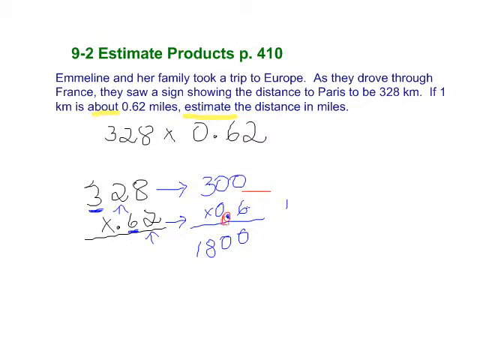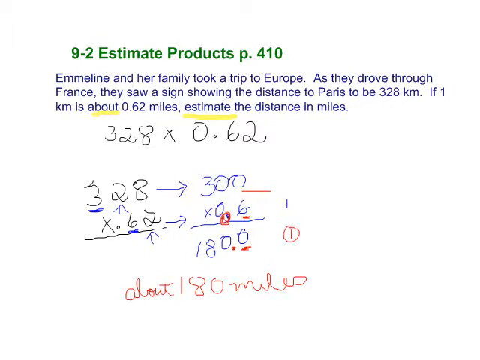However, down here I see the decimal point, and I see that there's 1 space after it. And that's what I'm going to have in my answer as well. I'm going to have 1 place after the decimal point. So my answer becomes then about, because it is an estimate, so the word about is very important, about 180 miles.